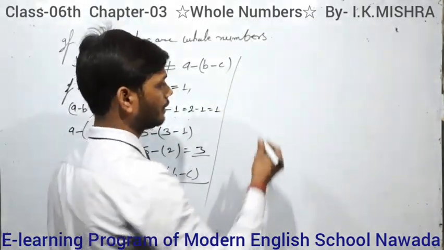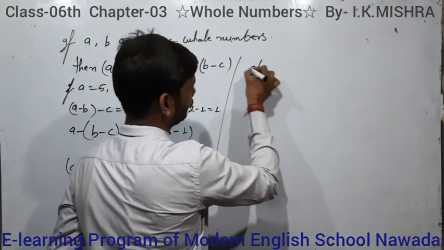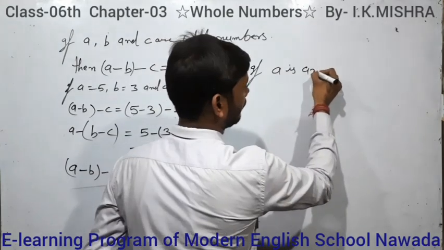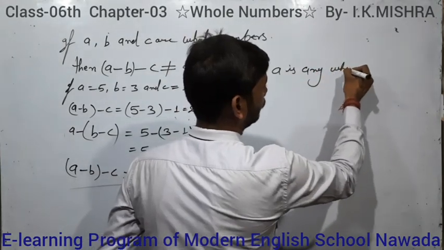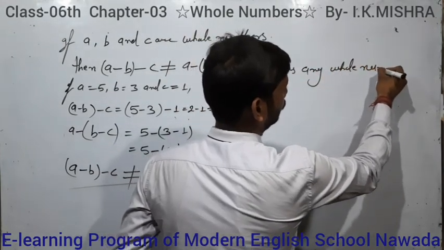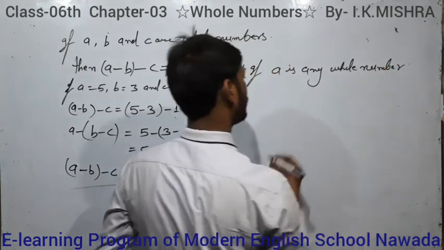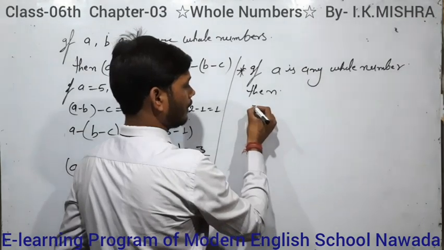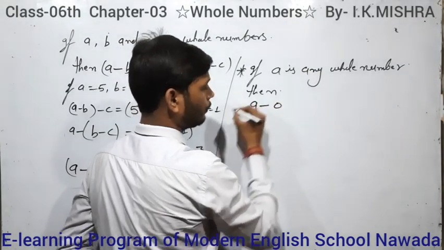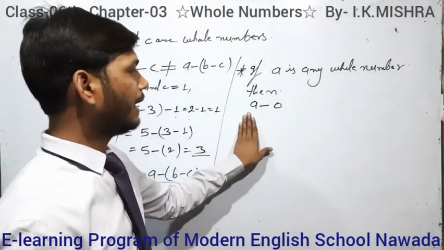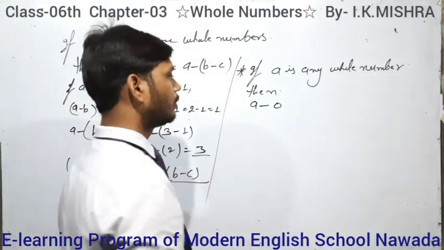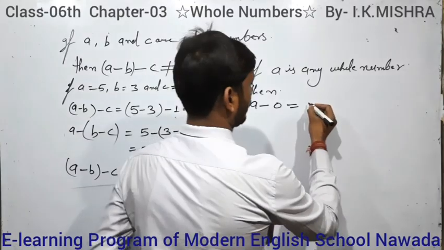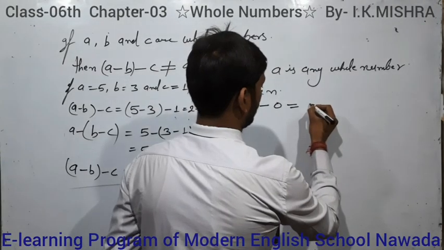Here, if a is any whole number, then a minus 0 is equal to a.